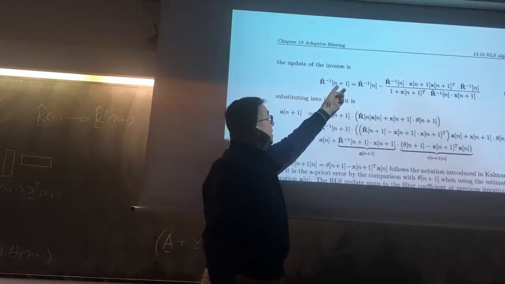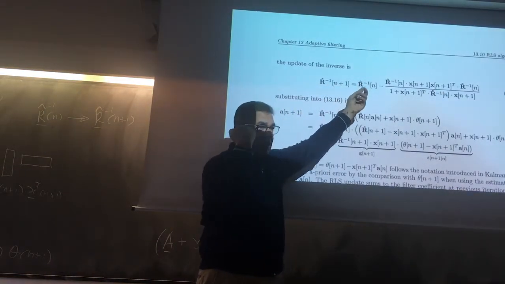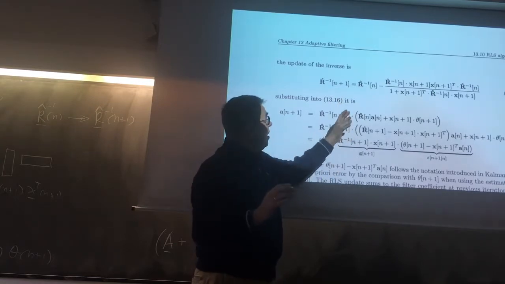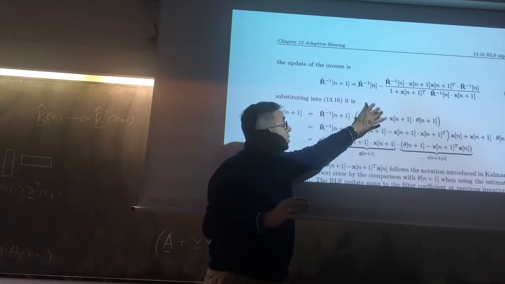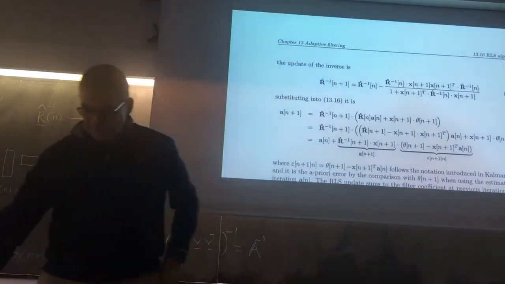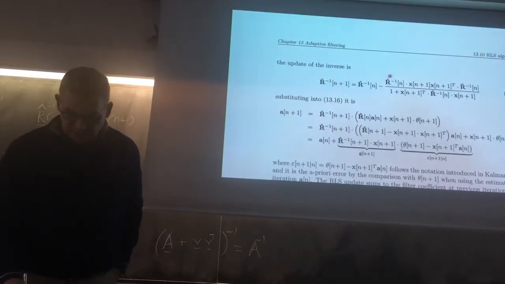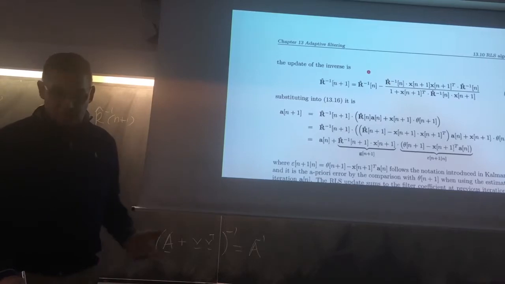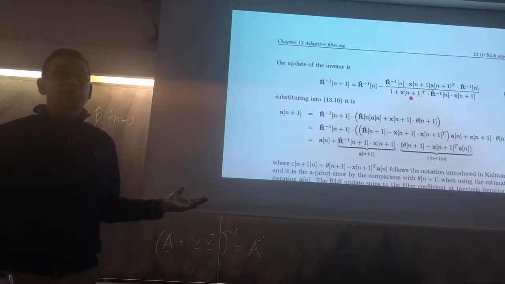So the inverse is the inverse from the previous iteration, which was already computed, plus or minus the update. But you see, in the update I always have the inverse which was already computed, so I'm not recomputing the inverse, because I computed it in the previous iteration.